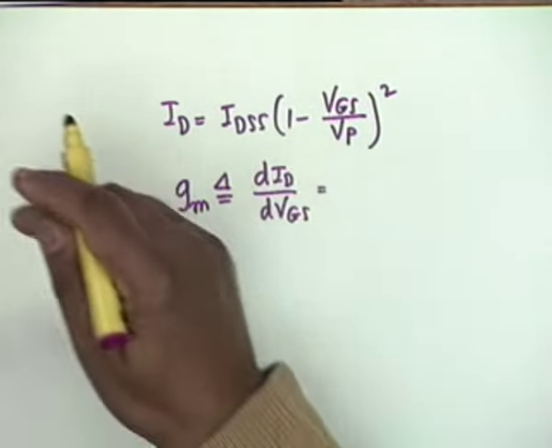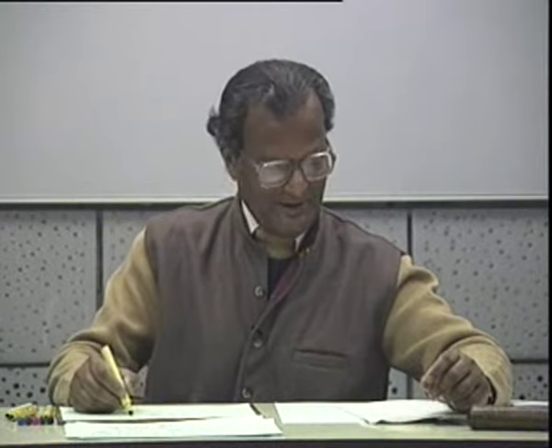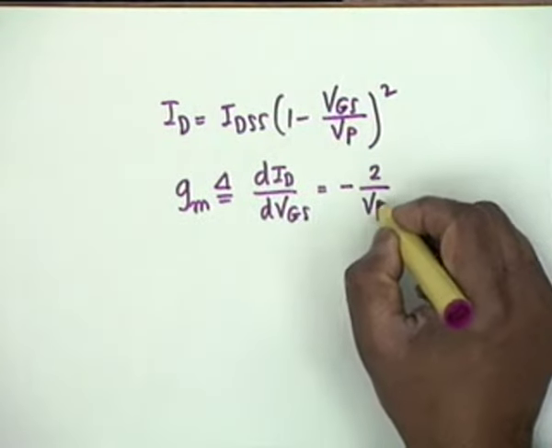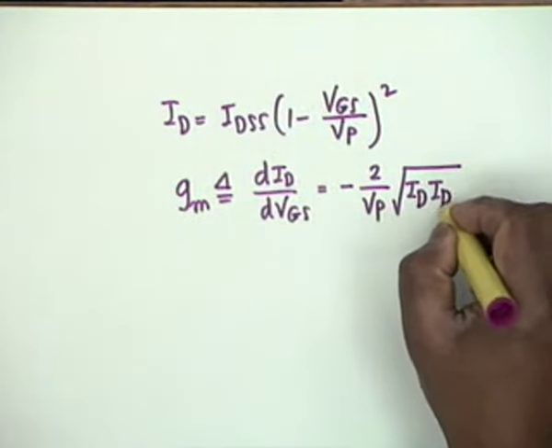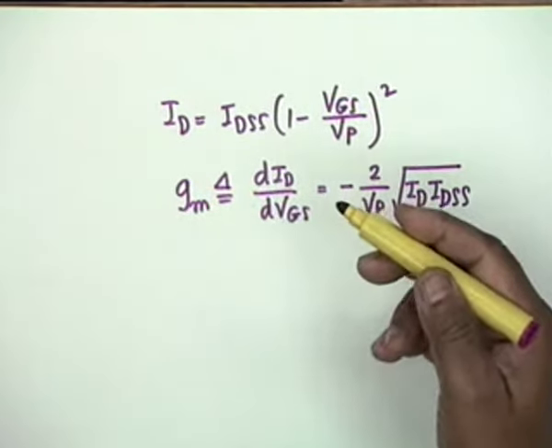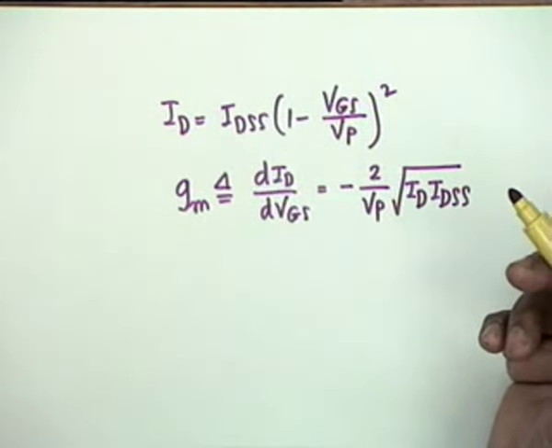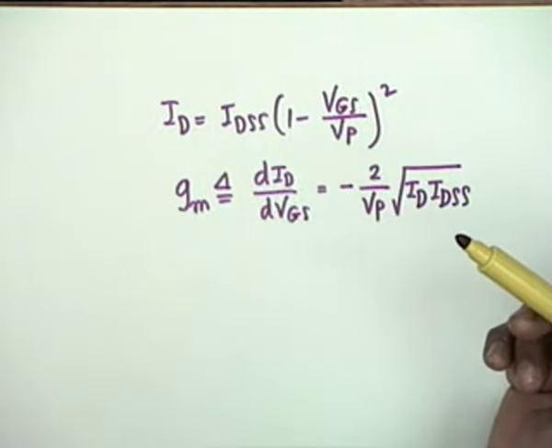You can show, we have shown this earlier, that GM is simply minus 2 by VP square root of ID IDSS. Very simple. Differentiate this and substitute for 1 minus VGS by VP.